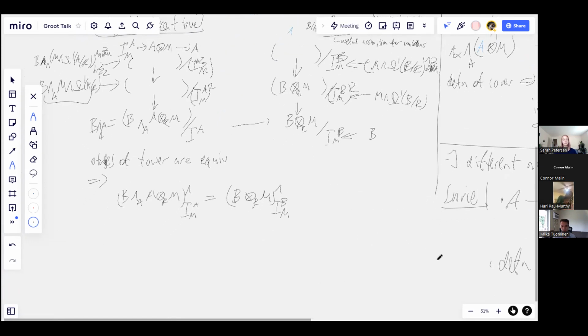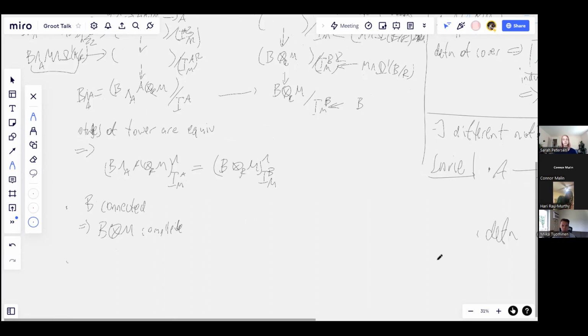So B being connected implies that B tensor M is complete. And also B over A being THH étale implies that B tensor M being complete implies that A tensor M is complete.